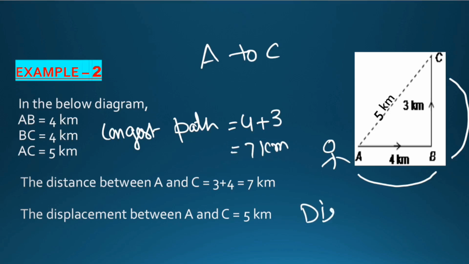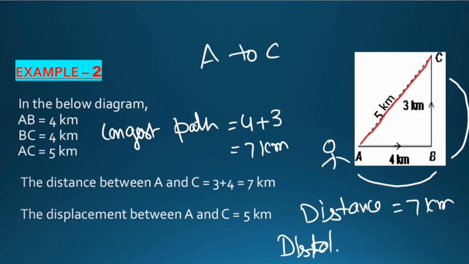Hence, the distance is 7 kilometers. And coming to the displacement, which is the shortest path, clearly this is the shortest path, right? And what is the length here? 5 kilometers. So the displacement, which is the shortest path, equals 5 kilometers. Now the distance is greater than displacement, right?